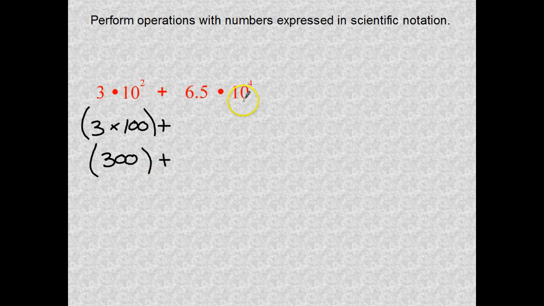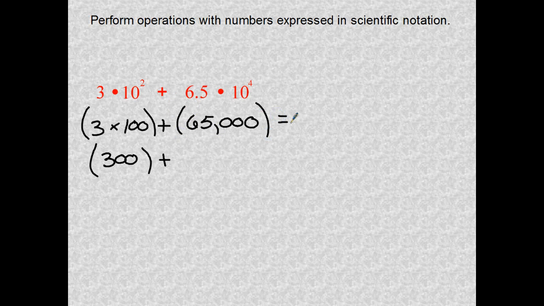6 5/10 multiplied by 10 to the 4th would be moving that decimal 4 times to the right. As we know, we're going to change the look of this. So this would be 65 with, I believe, 3 zeros at the end, because remember, you're going to move it 1, 2, 3, 4 times. So that's 65,000.